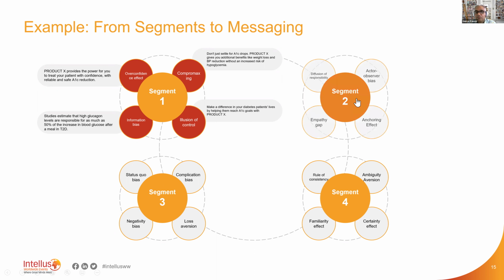Now, if your segment two physicians had actor-observer bias as one of the heuristics they are using, which means the physician sort of blames the patient for their own diabetes, you could write a message like this: patients need to take more ownership of their A1C. Product X can give them the boost they need.